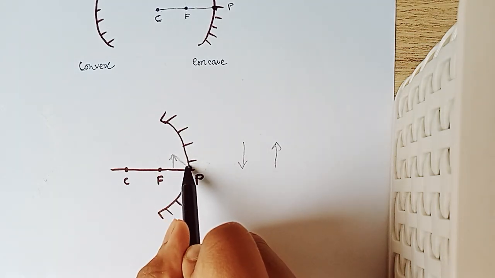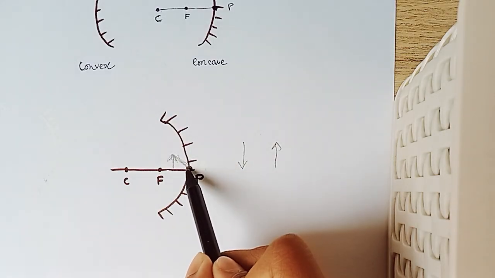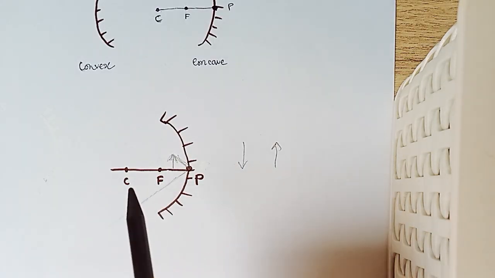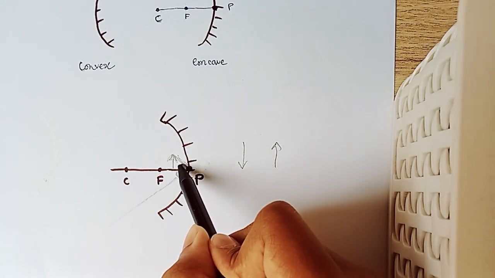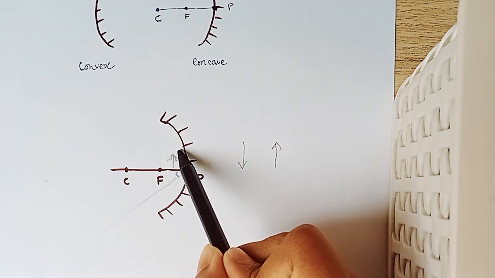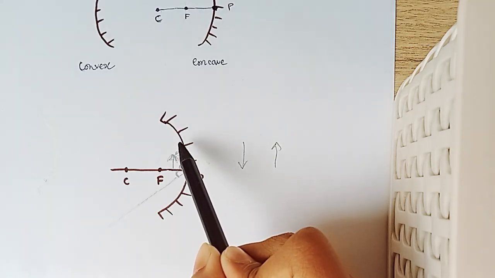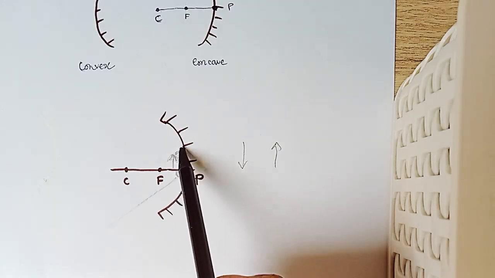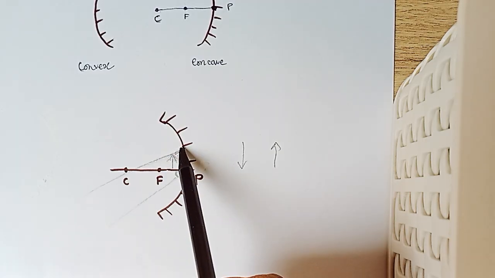So the ray is incident at the pole and it reflects back. So an incident as well as a reflected angle will be formed like this. Okay. Next, another ray will be incident on this wall, and then it goes again through the center of curvature like this.